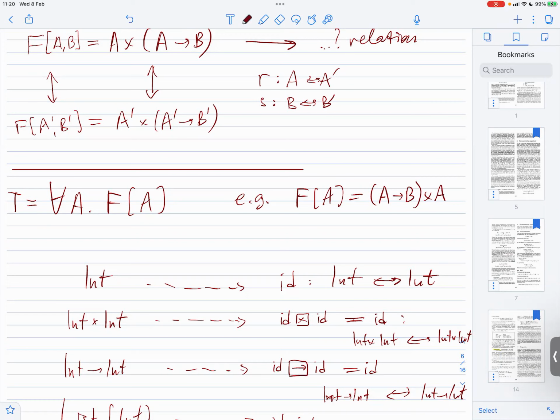And so in my tutorial, I explained that what you need to do is you need to take an arbitrary relation R between types A and A prime, where A and A prime are arbitrary types.